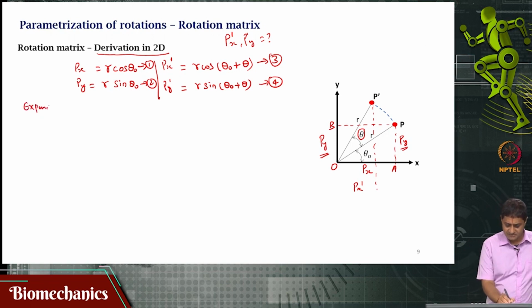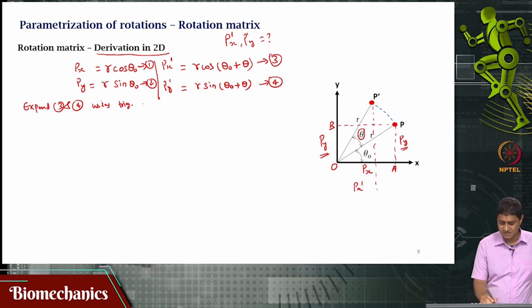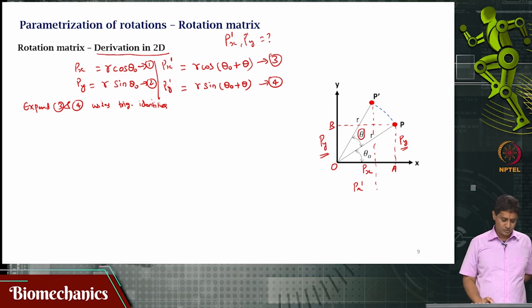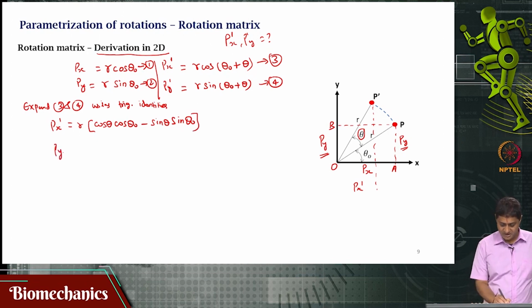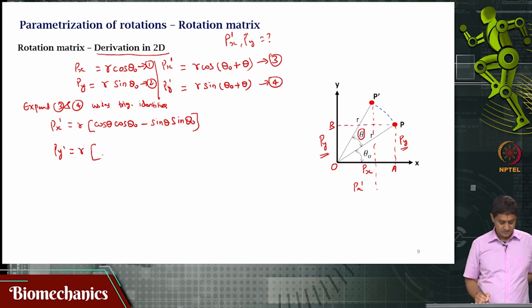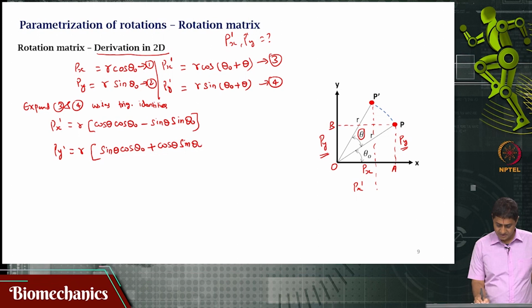Expand 3 and 4 using trigonometric identities, because you know what cos of a plus b is, and what sin of a plus b is. So Px dash is r times cos of theta naught plus theta, which is r times cos theta cos theta naught minus sin theta sin theta naught, and Py dash is r times sin of a plus b, that would be sin theta cos theta naught plus cos theta sin theta naught, is it not?